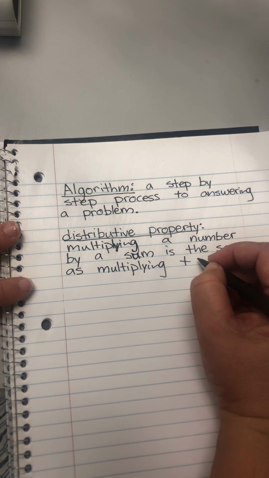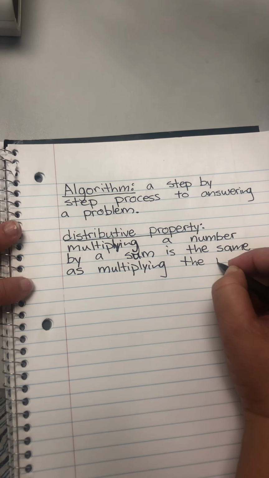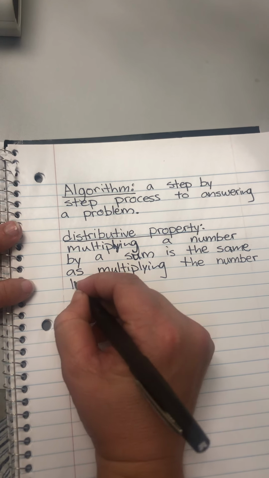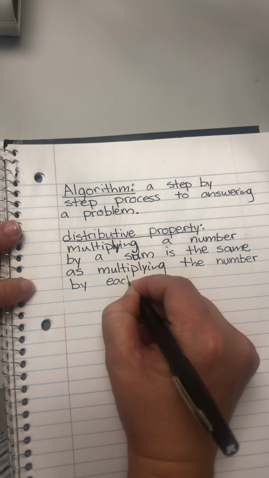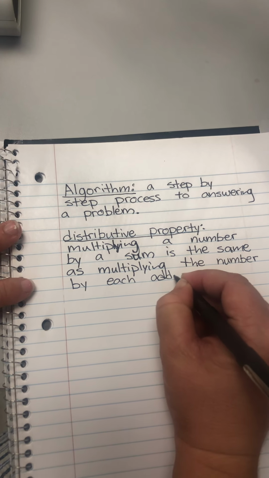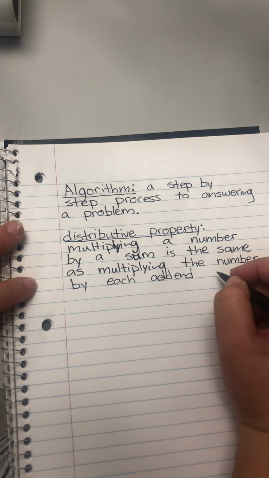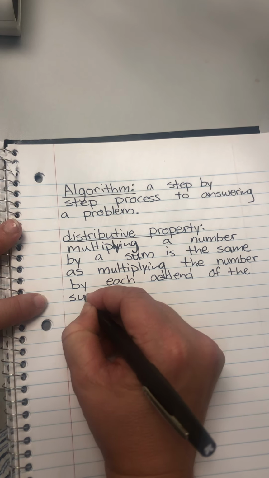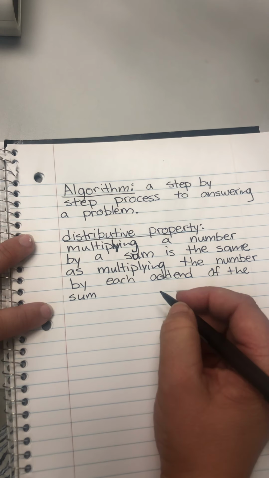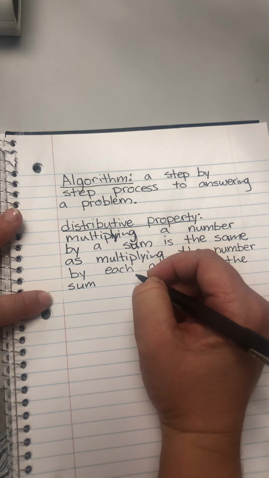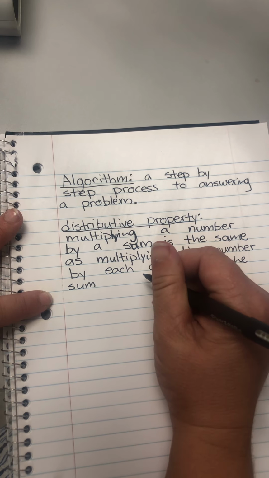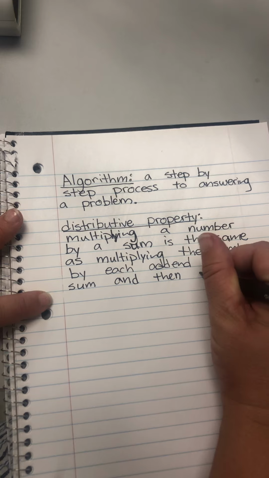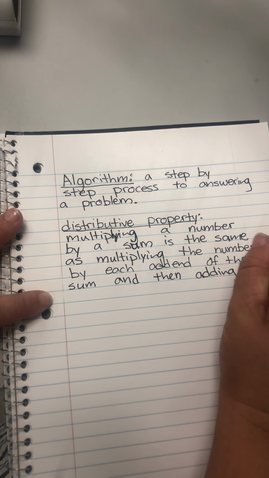Multiplying the number by each addend, A-D-D-E-N-D, addend of the sum, and then adding the product.